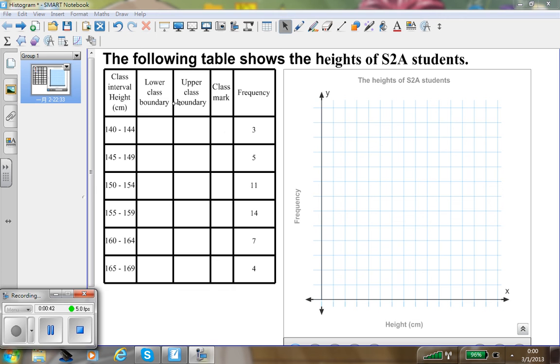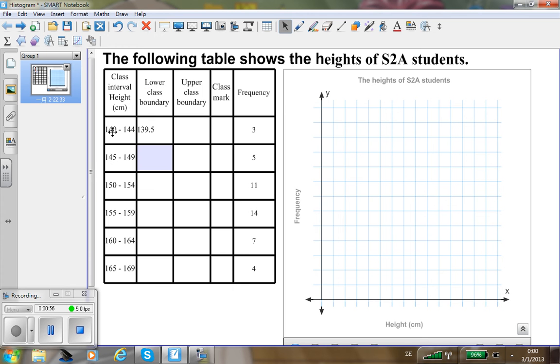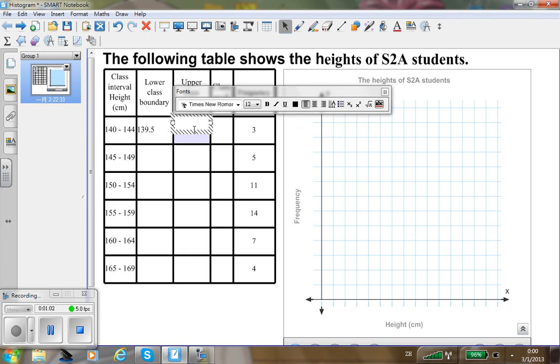Now let me finish this one first. The lower class boundary for the first class is 139.5 cm, which is 0.5 cm less than the lower class limit. And then the upper class boundary is 144.5 cm.